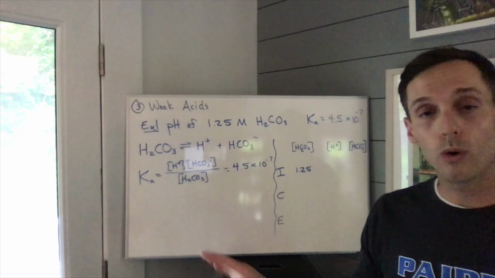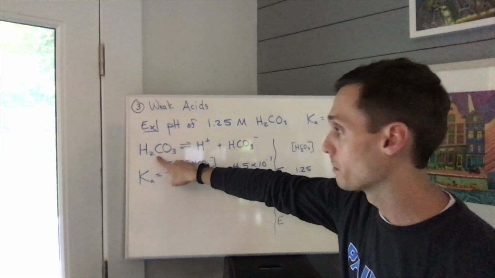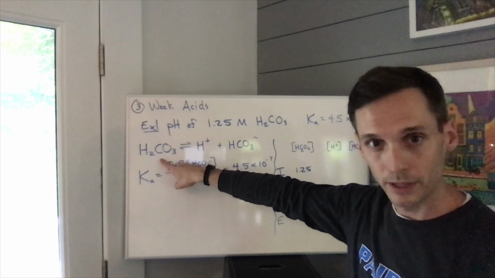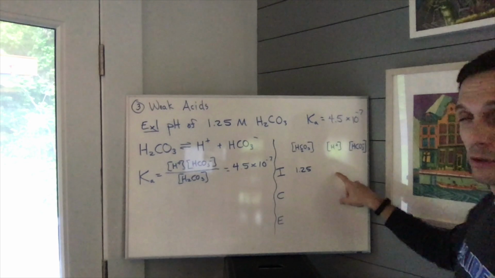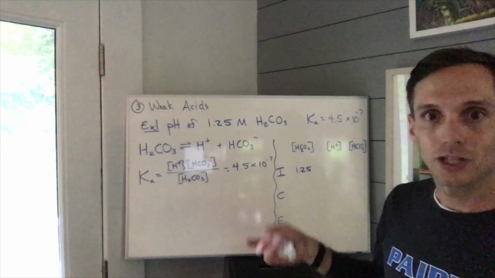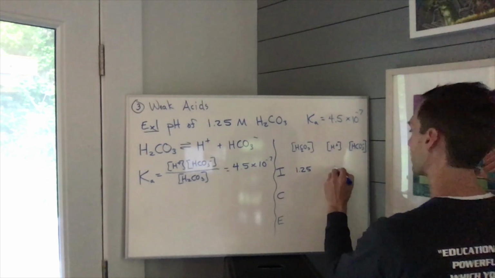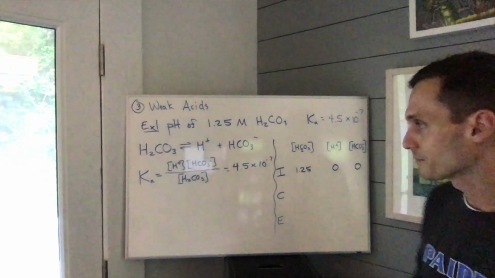Again, no acid has donated a proton yet. It is all in the form of H2CO3. Having said that, hopefully then you could fill in the molarities of the other side of the reaction. Well, we haven't let the reaction occur yet, so these are just both going to be 0 initially, okay?